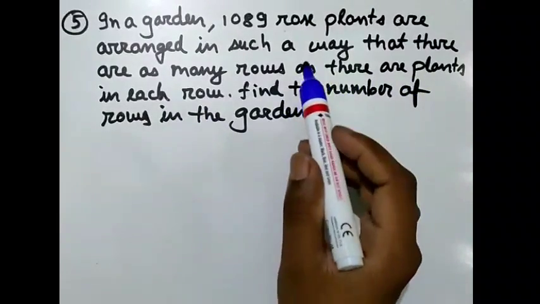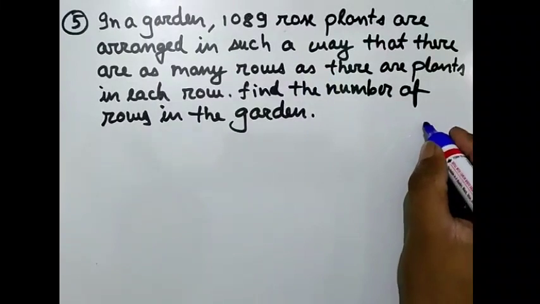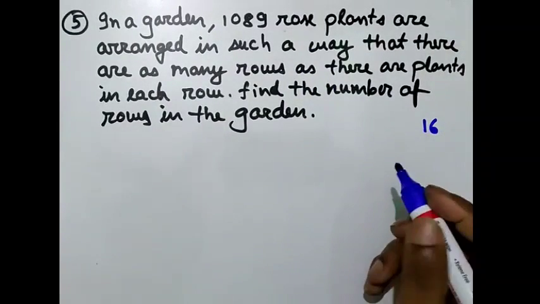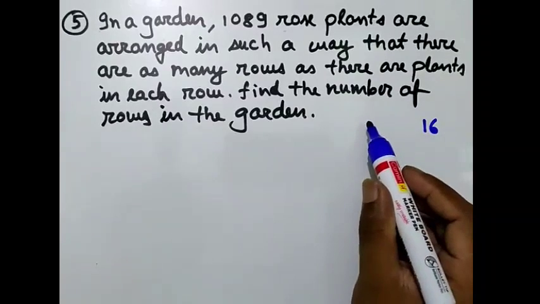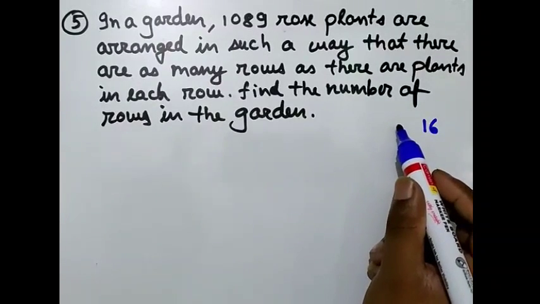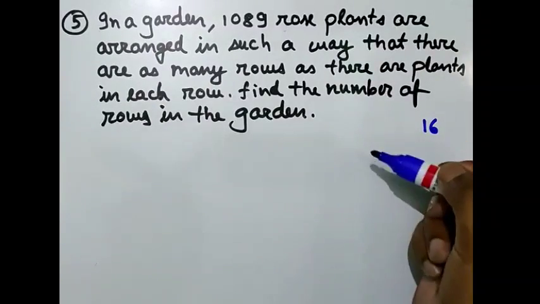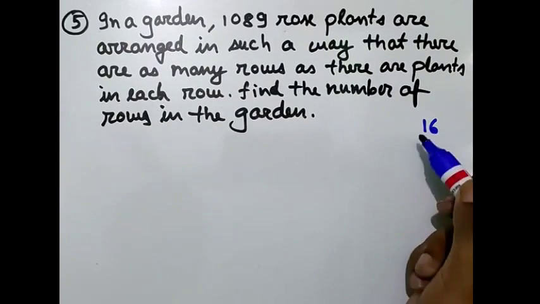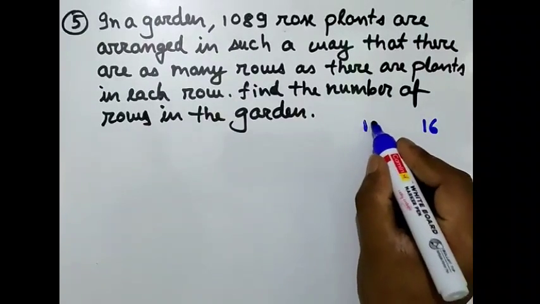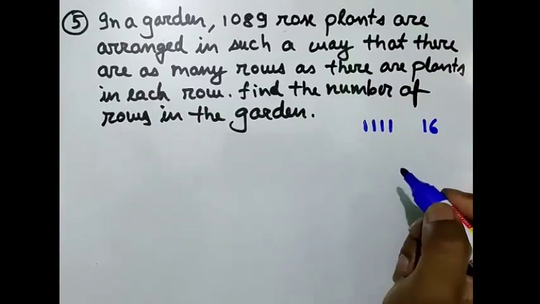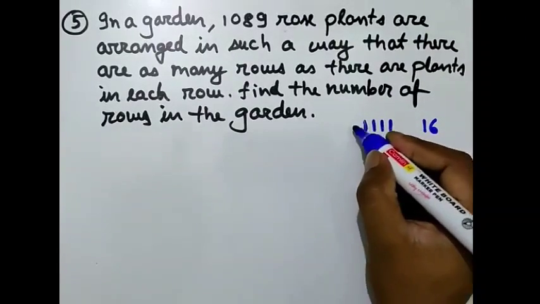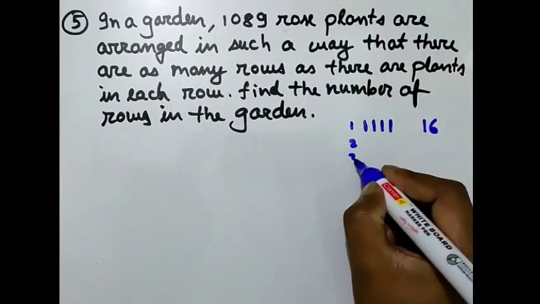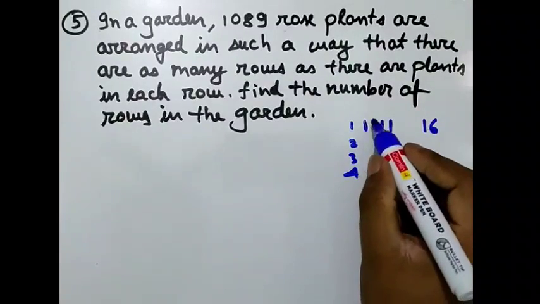Let's take for example, if there are 16 roses. If I tell you to arrange these 16 roses, the number of plants you put in each row should be the number of rows that you have. So if I take 4 roses in one row, then I should have 4 rows. 1, 2, 3, 4 rows.